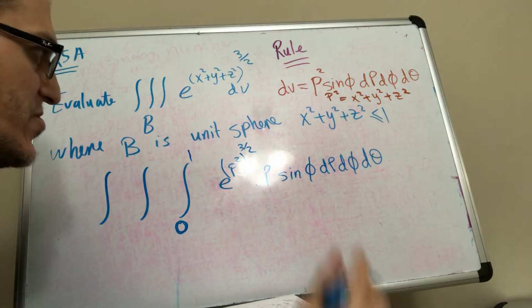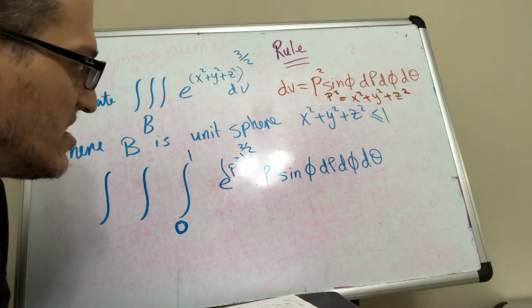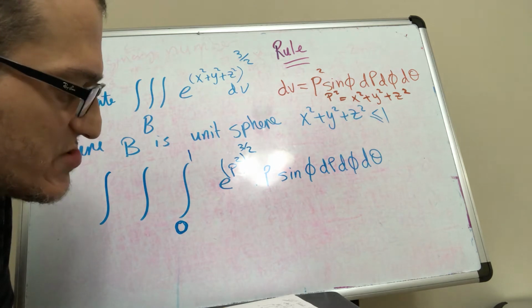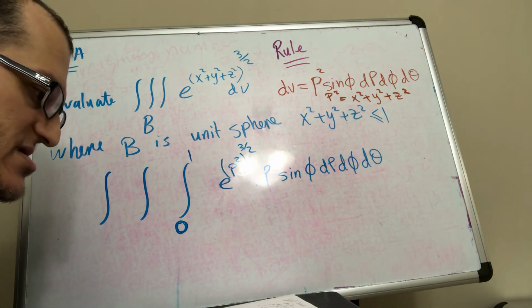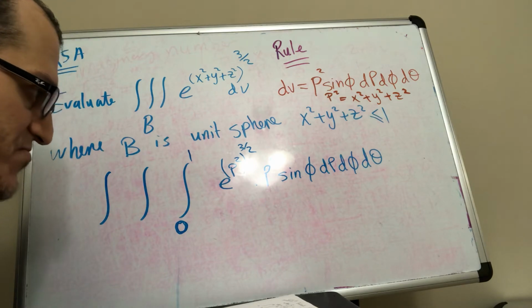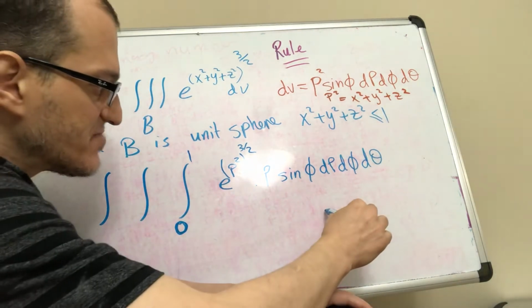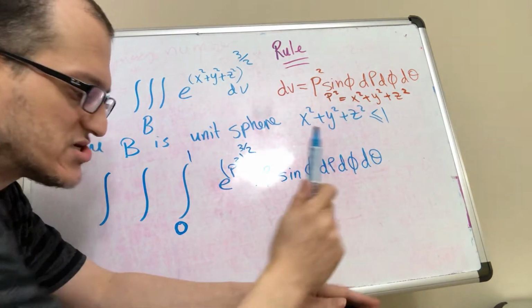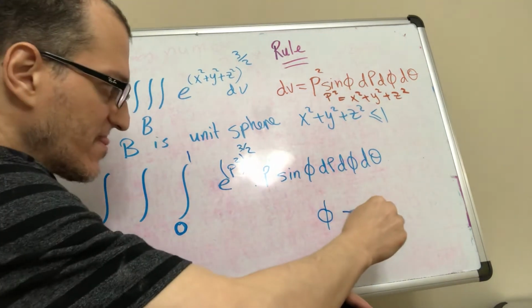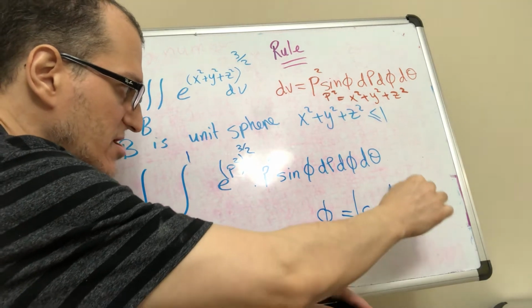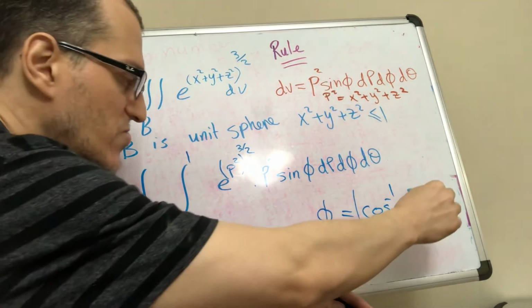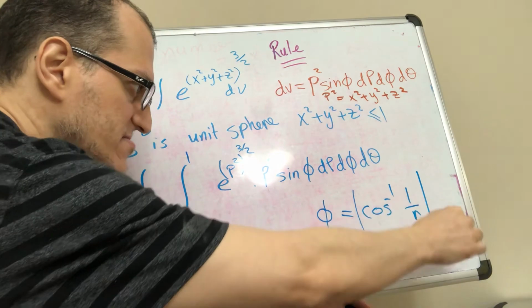Now, for angle 2, there's no certain way to do it. You have to be able to draw a 3D, and I know a lot of people have a problem with this, but this works most of the time. It's the cosine inverse of 1 over radius.